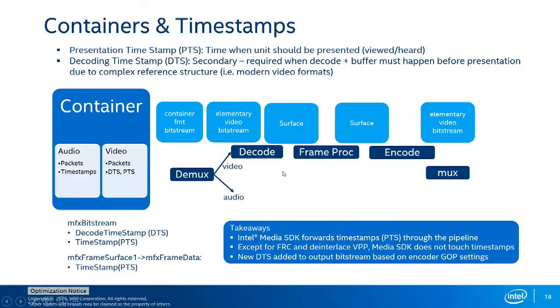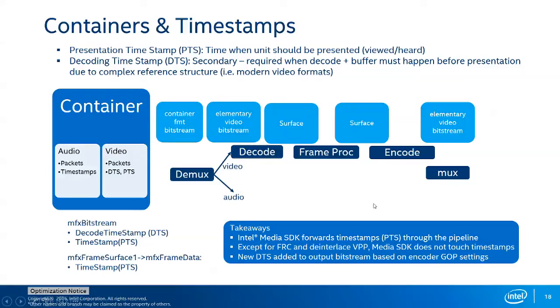We can process that input with arbitrary increments. It doesn't necessarily have to match frame boundaries. The output is made available after decode is done as an uncompressed surface. VPP has a surface in, surface out. Encode has a surface in and a bit stream out.